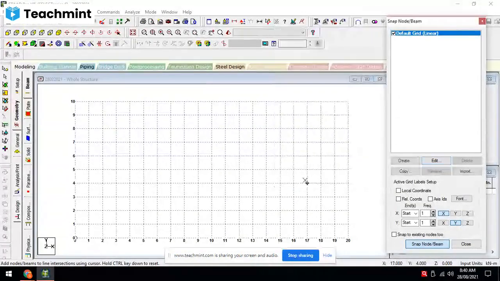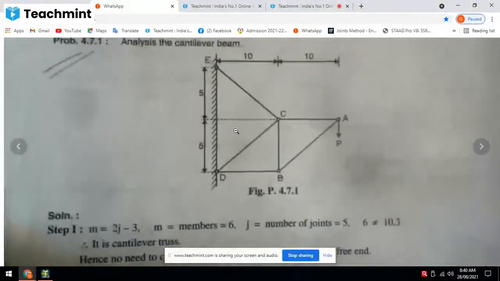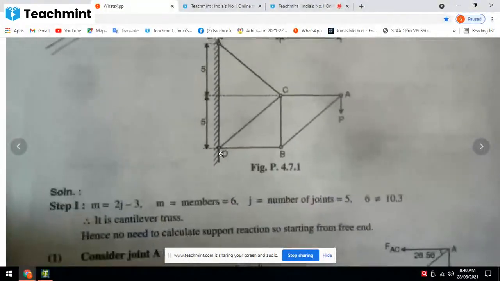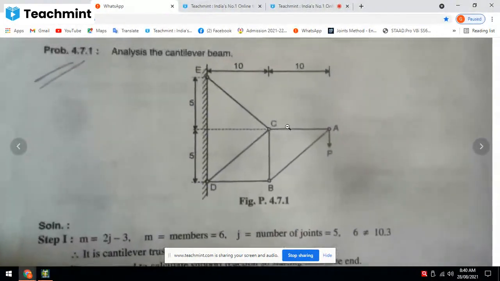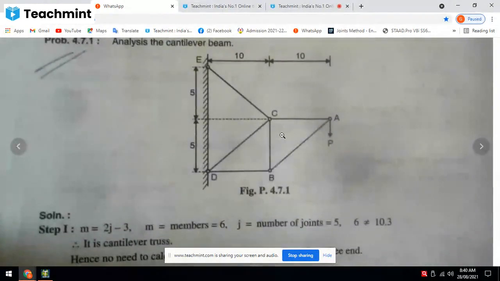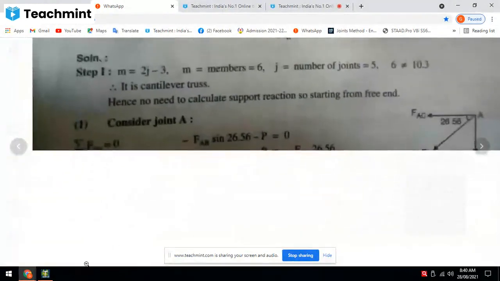Okay. So how we will draw the truss? From base it is 5, then vertical 5, then connect like that. Okay, first of all we will draw the base 5 meter.